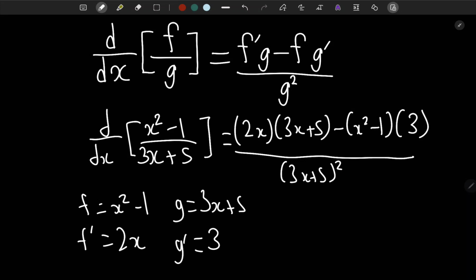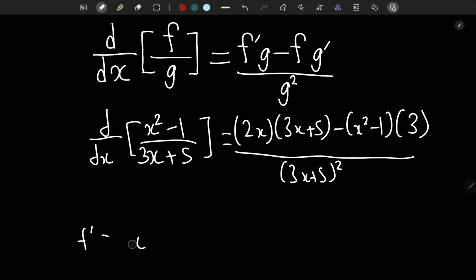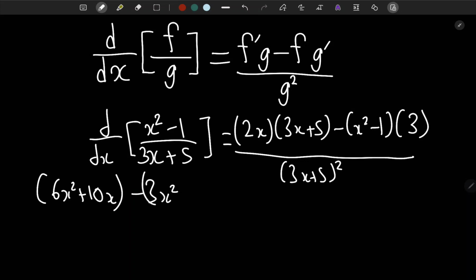Now we just need to simplify this, so I'm going to erase this over here and simplify. Here we are going to multiply 2x by 3x, so it's going to become 6x squared plus 10x, since it's 2x multiplied by 5, minus 3, let's use the brackets, x squared minus 1, and this is all going to be over 3x plus 5 squared.